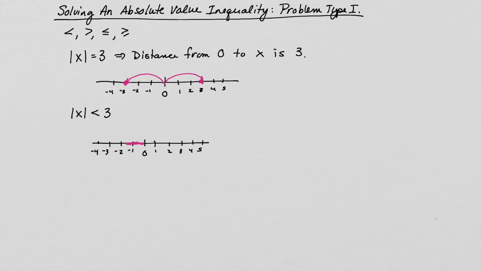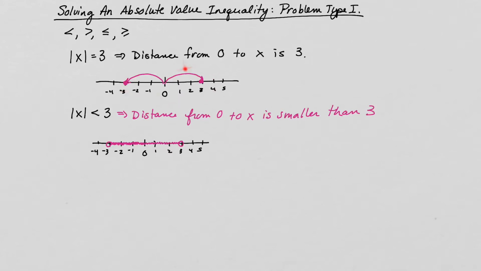So the distance from 0 in this case is smaller than 3 up until -3, and we would put an open circle. And we could go this way all the way up until +3. So when we say the absolute value of x is less than 3, we're trying to say that the distance from 0 to x is smaller than 3.